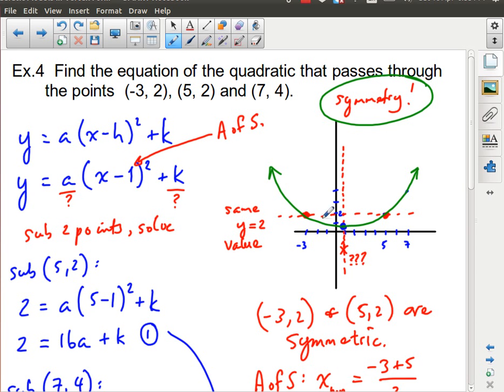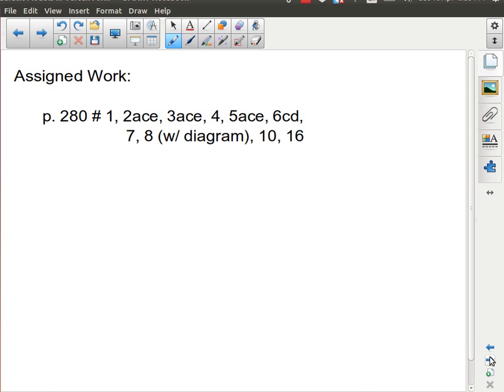You can use symmetry whenever you have that. It doesn't always have to just be the zeros. And that's particularly important because, as you can see in this case, it doesn't actually have any zeros. So the only option to use symmetry here was to use the symmetry of 2 other points. I believe that's it. Should be just homework next, and there it is.